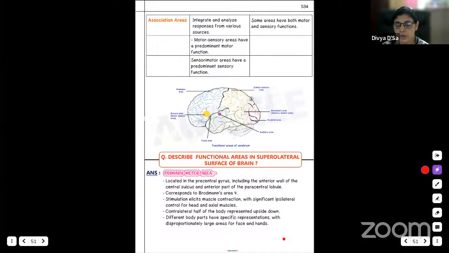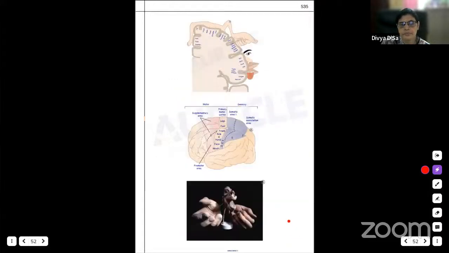The intrinsic, very fine muscles which bring about fine movements, like the hand and the muscles of the face, have a very high representation there. Basically, the smaller the motor unit, the larger the representation. You can see how big the representation is, whereas the limbs have a very small representation.